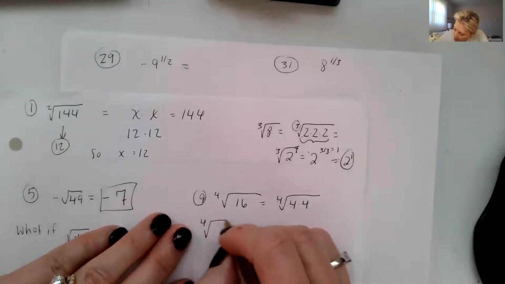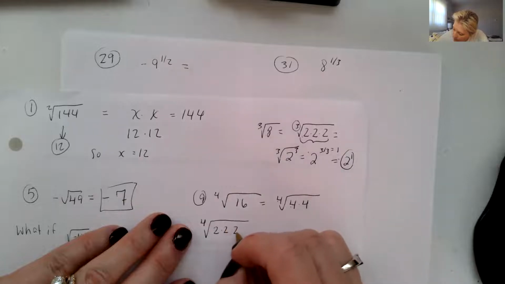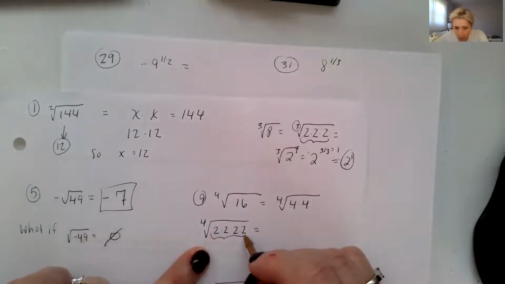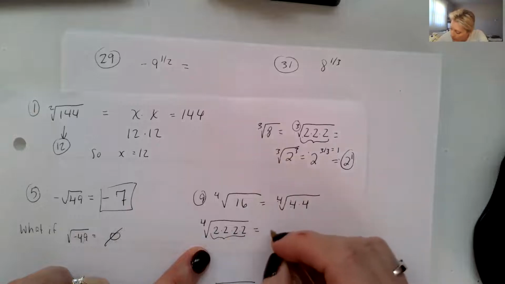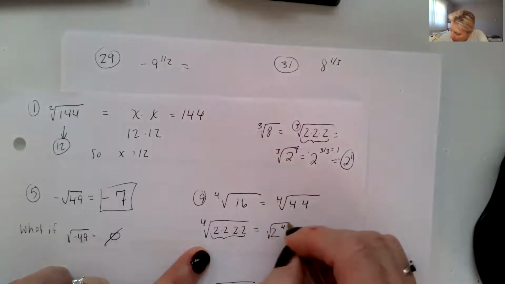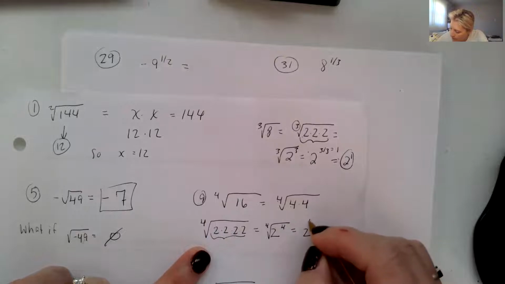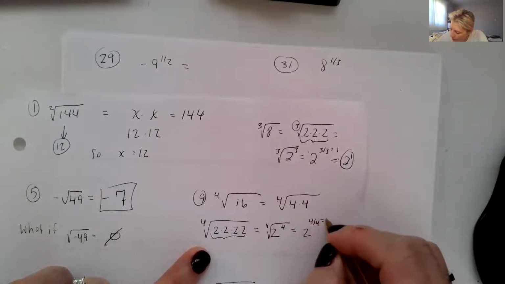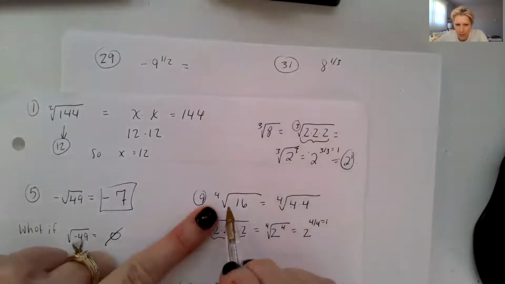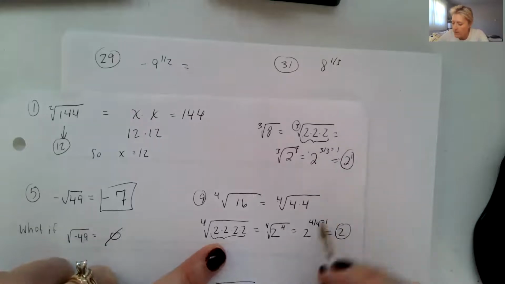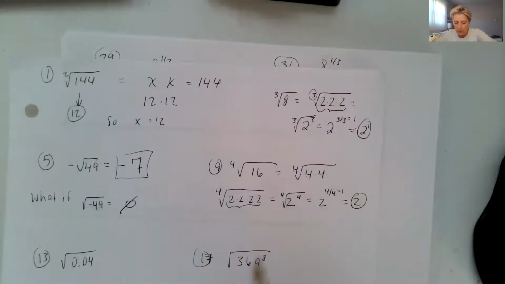Can I factor? I can factor my 4s into 2 times 2, and then the other one is a 2 times 2. And now I can see that I do have a group of 4, right? I have 4 2s, so 2 to the 4th. The fourth root, this is 2 to the 4 over 4, which is a 1. So I know the fourth root of 16 is just 2, because I have a group of 4 2s.